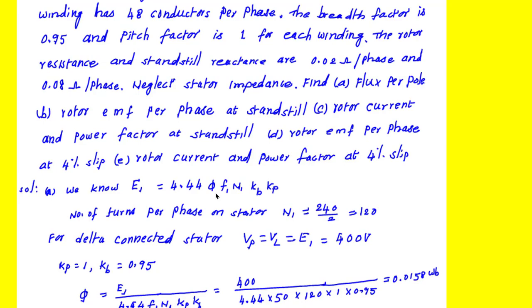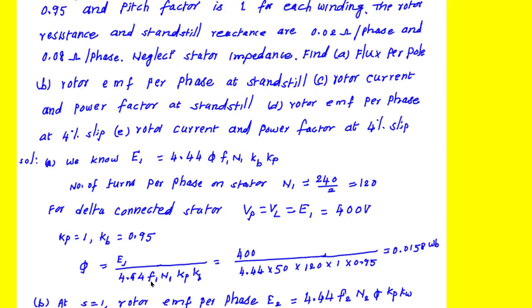So we know the induced EMF per phase in the stator, and we can calculate phi from this formula: phi is equal to E1 divided by 4.44 F1 N1 Kp into Kb. We substitute all the values here. The induced EMF in the stator is given as 400, that is readily available in the data.